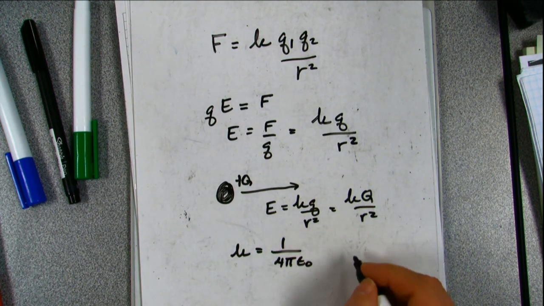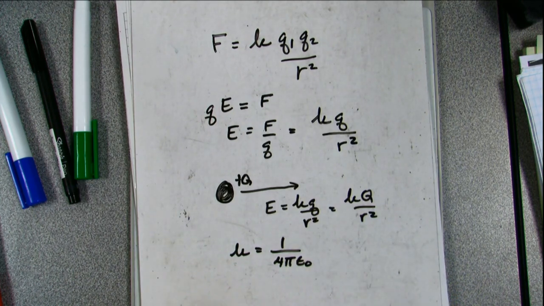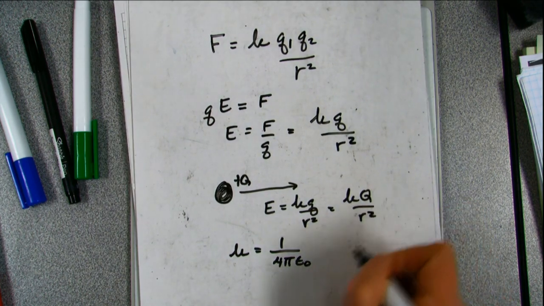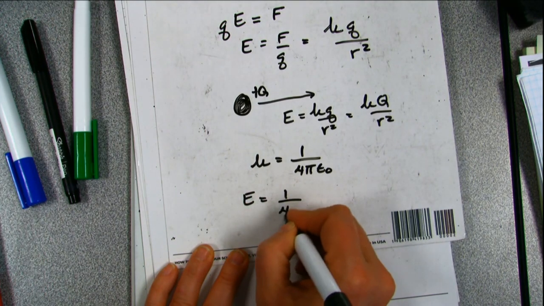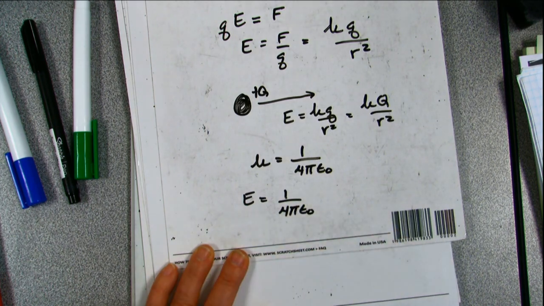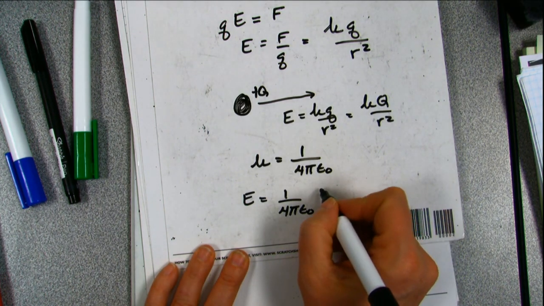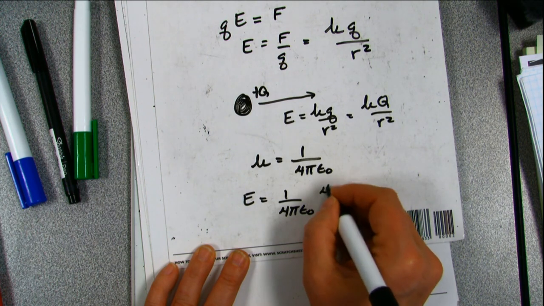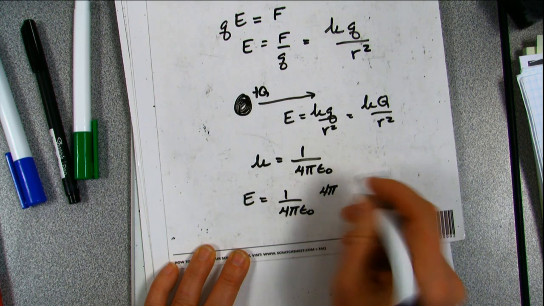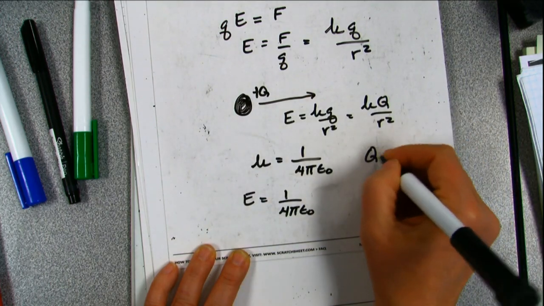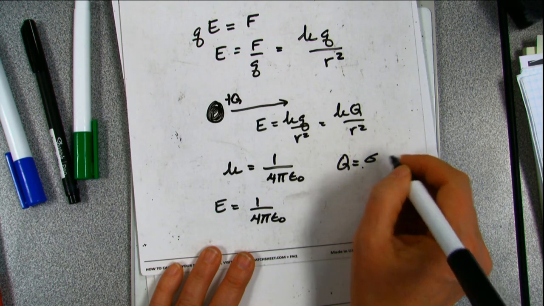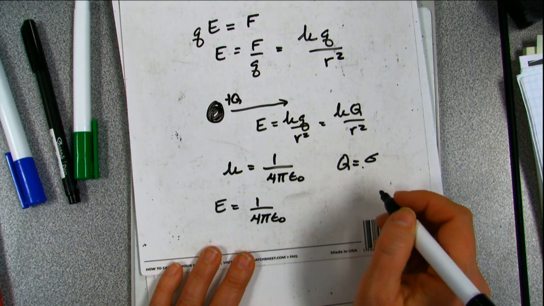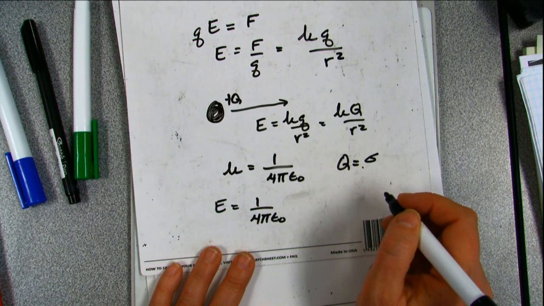And we can get from there to Gauss's law, because Q is related to the charge density. So we get E is equal to 1 over 4 pi epsilon times Q over R squared.